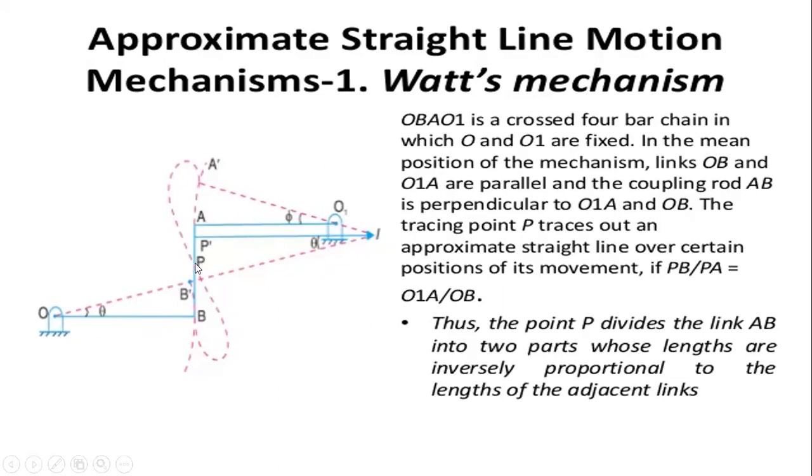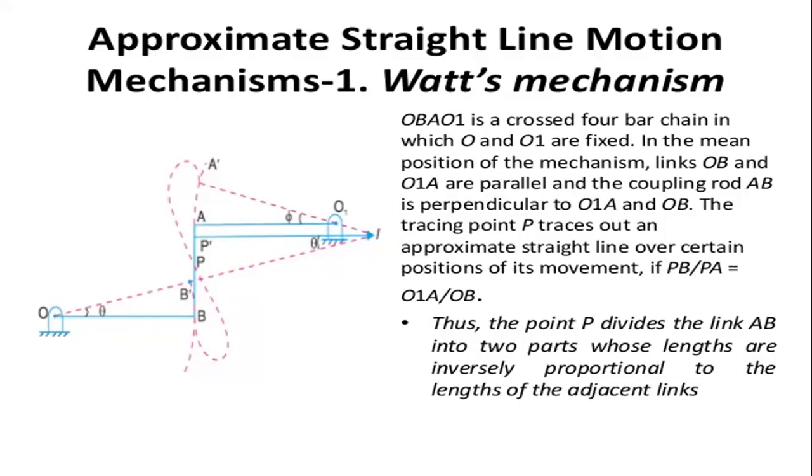That is, PB by PA means the lower end of the straight line over the higher end of the straight line is equal to O1A, that is the first link, and OB, the second link. So the point divides the link AB into two parts whose lengths are inversely proportional to the lengths of the adjacent links.